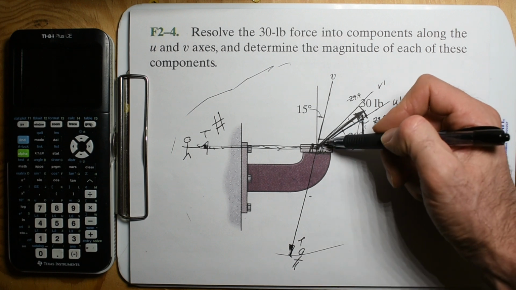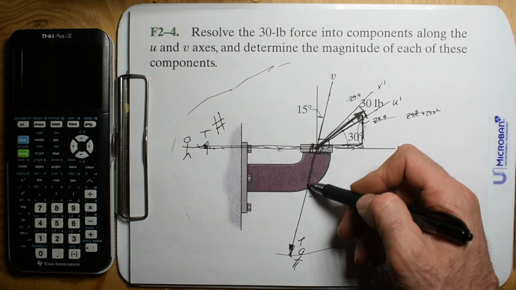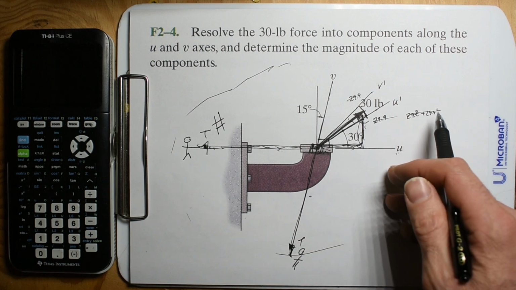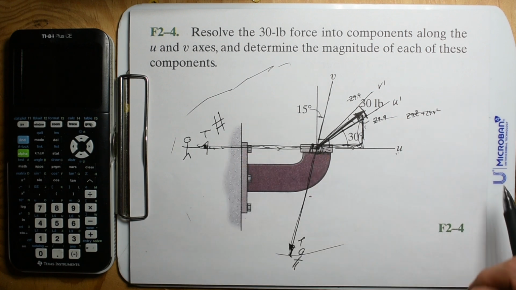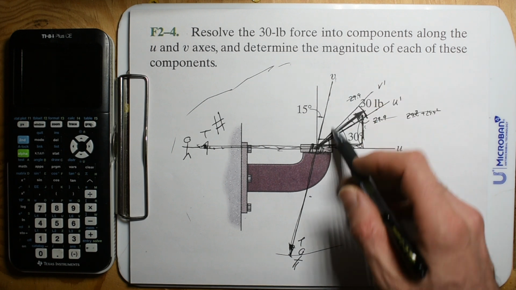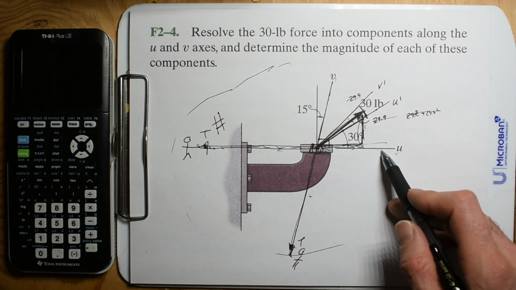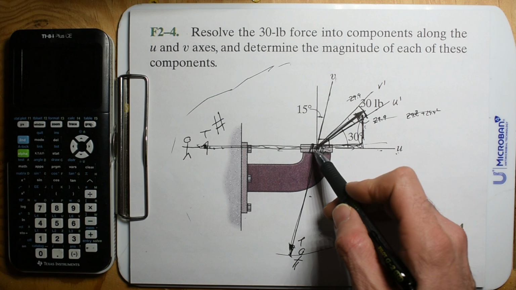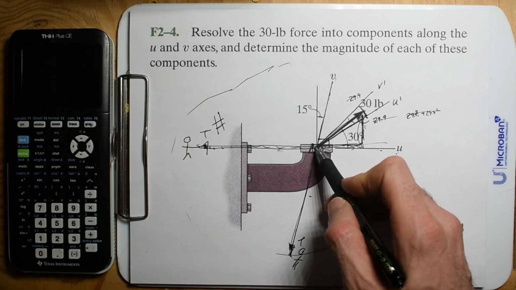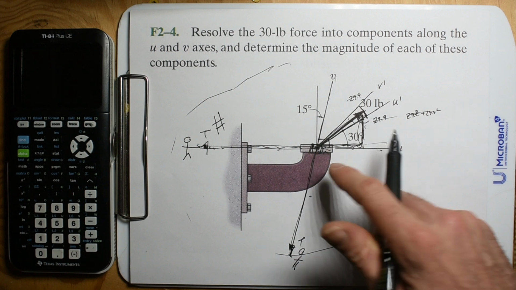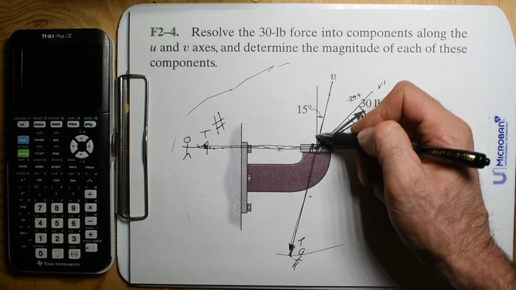But because we've chosen to pull at that angle, it might help one person and maybe hinder the other. So it's kind of fascinating. U could be this direction, but then the V could be the equivalent of, see how we have this V right here?